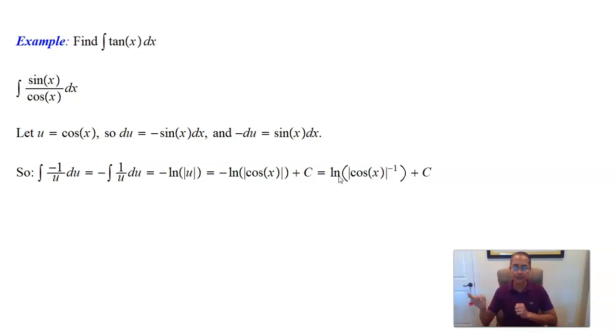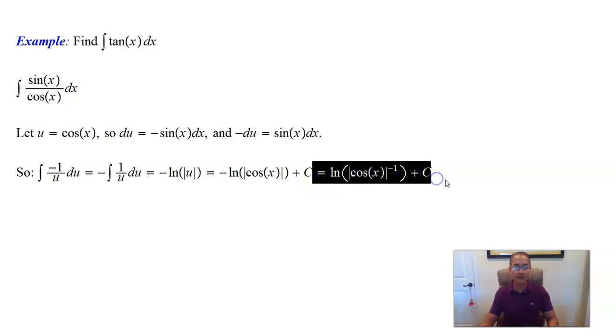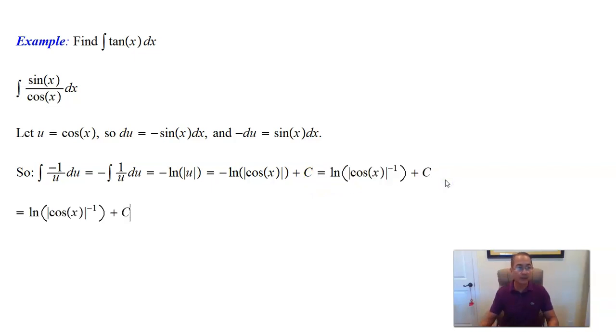But of course that power minus 1 can go inside the absolute value. So we will get the reciprocal of cosine x. So instead of cosine x, I will have 1 over cosine x. You go to the bottom. There you go. We get the ln of 1 over cosine x.